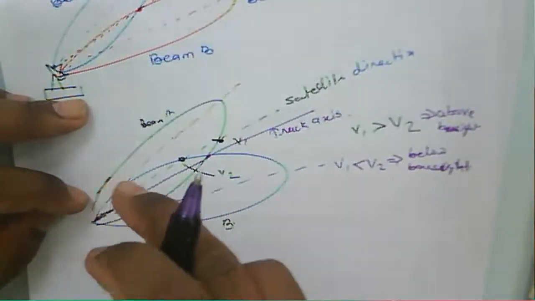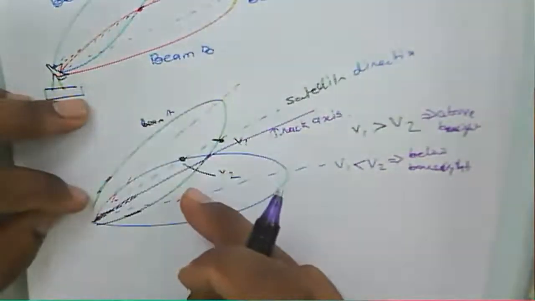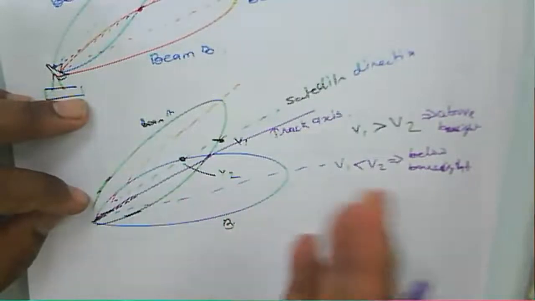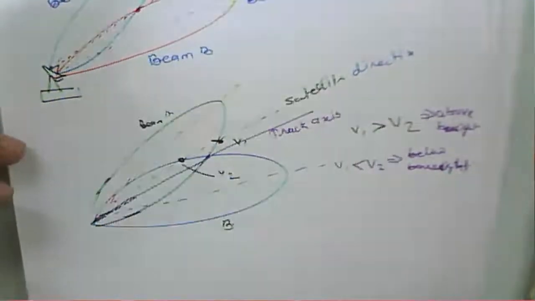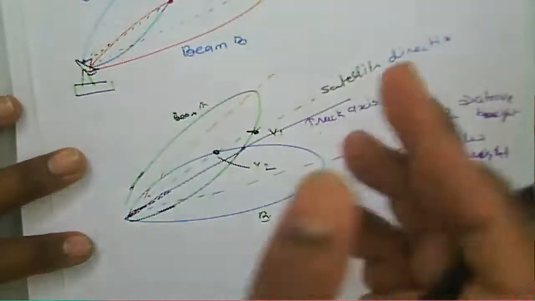And according to that error voltage, we can find out the position of the satellite, and then we can adjust the azimuth and elevation. It means that the error will give us the azimuth and elevation.